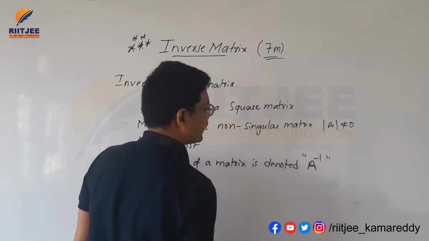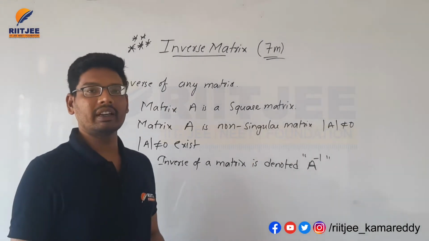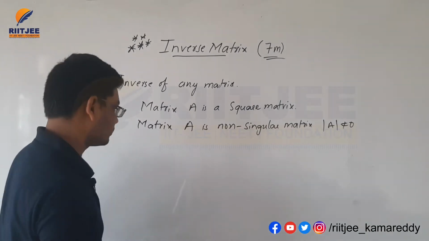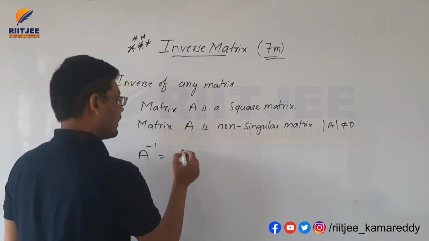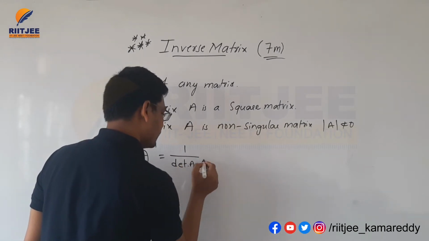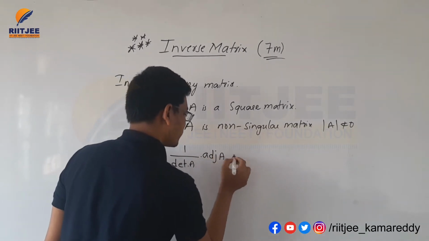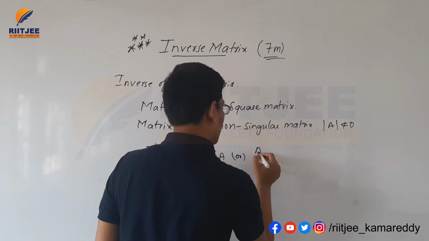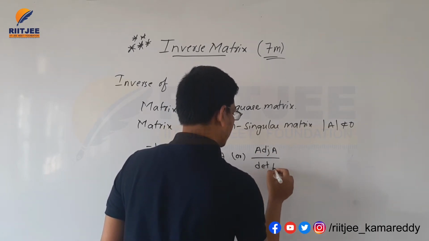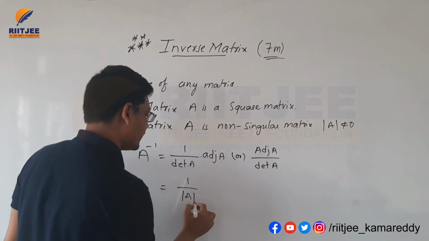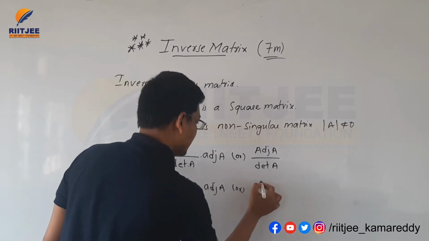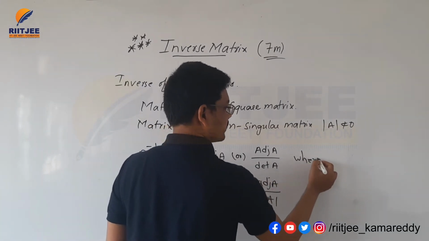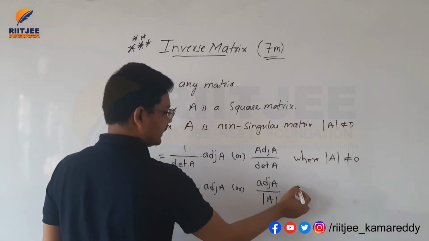Here the formula of inverse matrix: A inverse is equal to 1 by det A into adjoint A. This is the inverse matrix formula, 1 by det A into adjoint A, or adjoint A by det A. We can write it as 1 by mod A into adjoint A, or adjoint A by mod A, where modulus of A is not equal to 0.